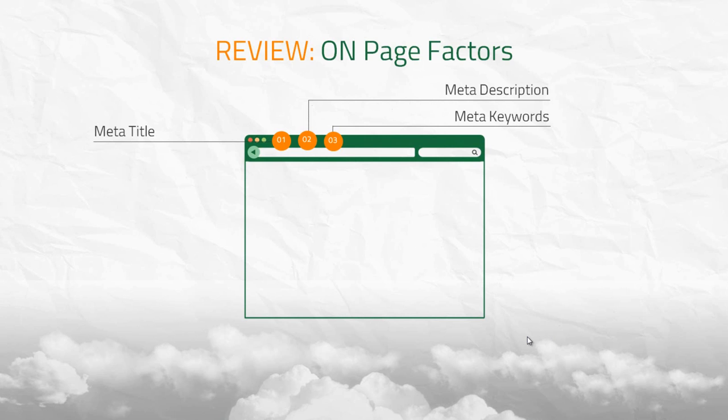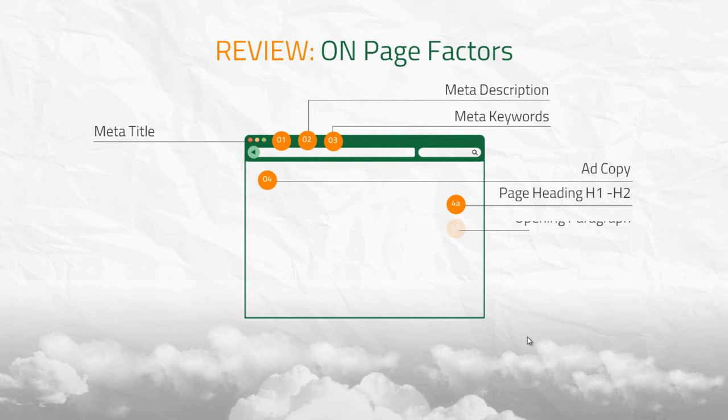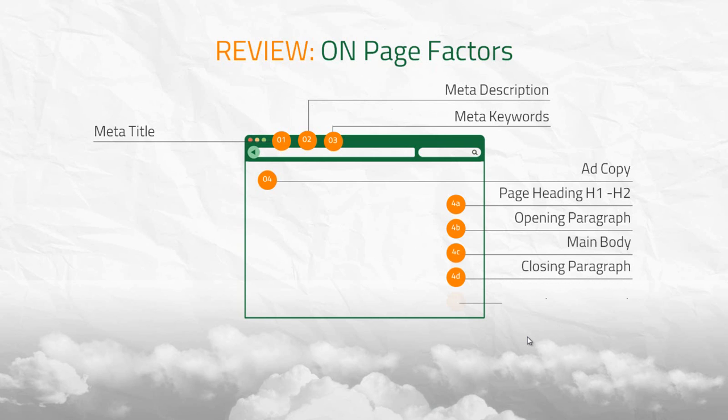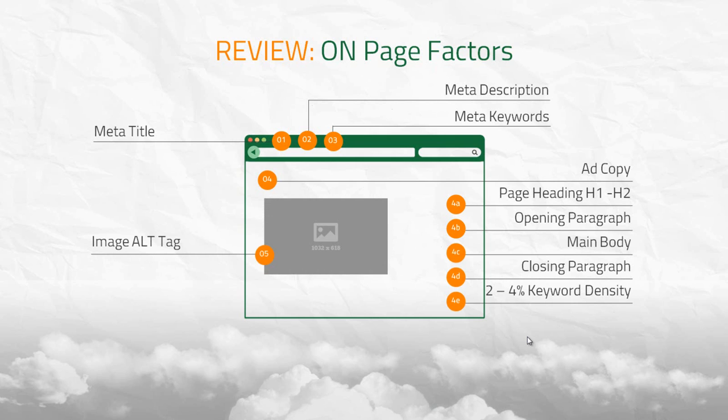Following those, we'll talk about ad copy and the things involved in that: page headings, an opening paragraph, a main body, a closing paragraph, and a keyword density of 2 to 4%. And lastly, we'll talk about alt image tags, what they are, and the importance of those. Also, near the end of the webinar we're going to show you some examples, so not to worry.